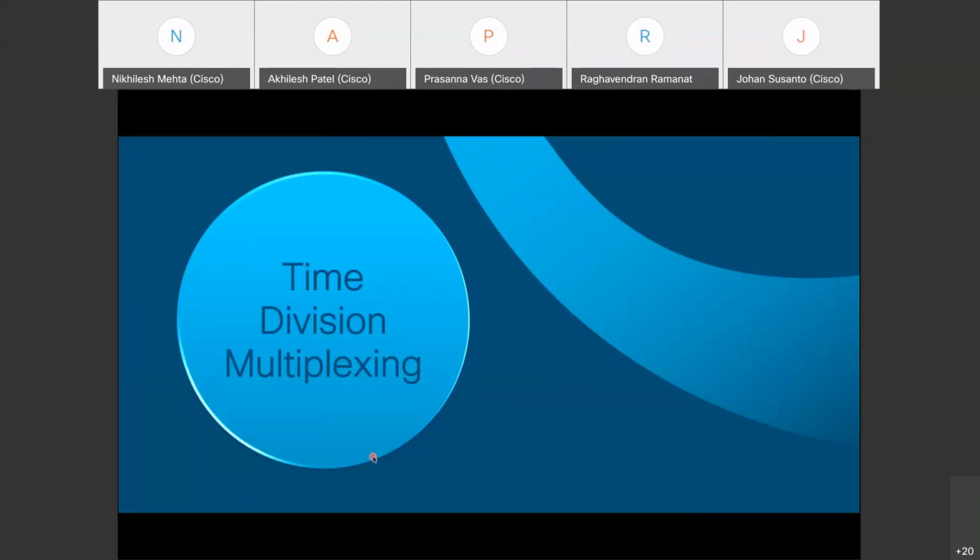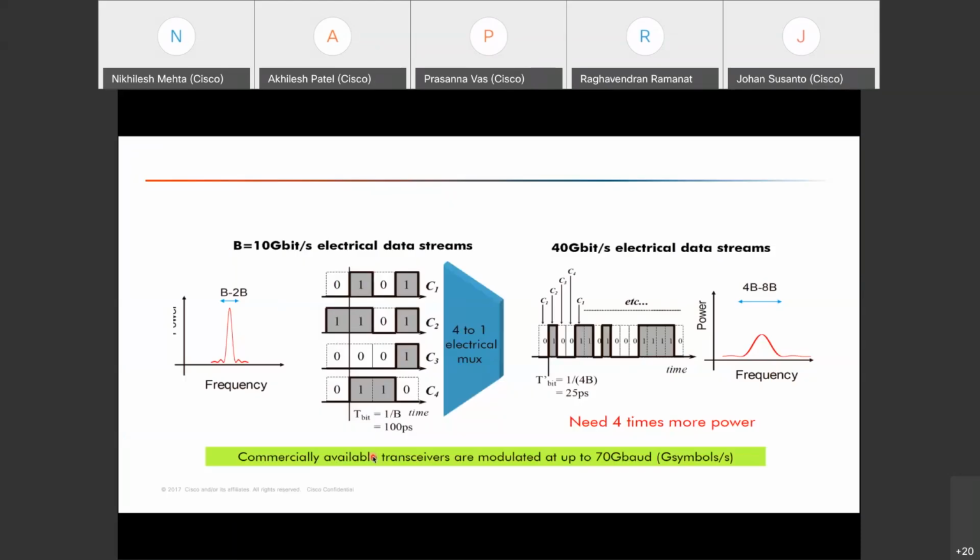So coming to time division multiplexing. If you can see here, you have multiple data streams C1, C2, C3, C4. Each data stream is 10 gigabit per second.